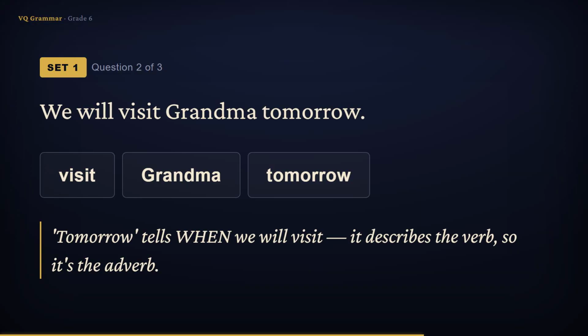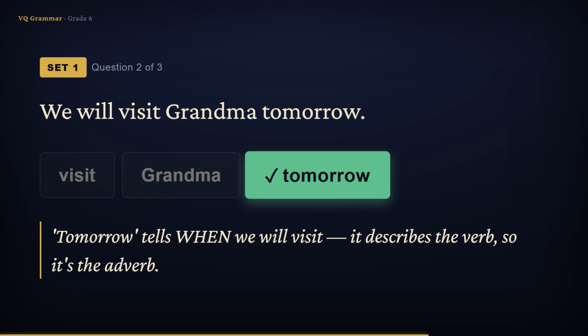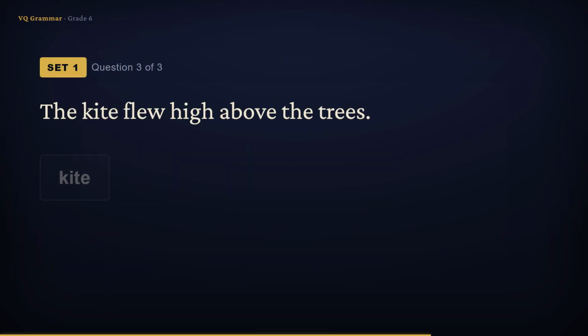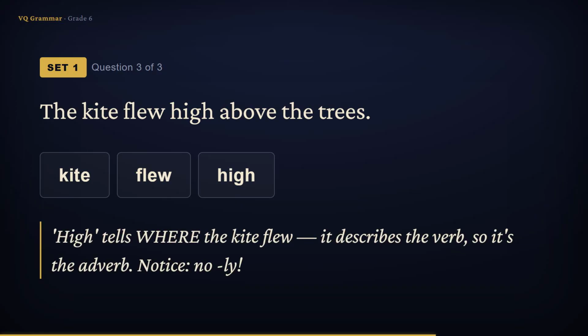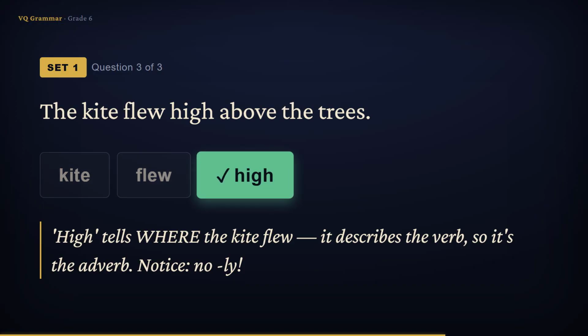Tomorrow tells us when we will visit, so it's describing the verb. The adverb is tomorrow. The kite flew high above the trees. The verb is flew. Which word tells us where it flew? High. It describes the verb flew, so high is the adverb.